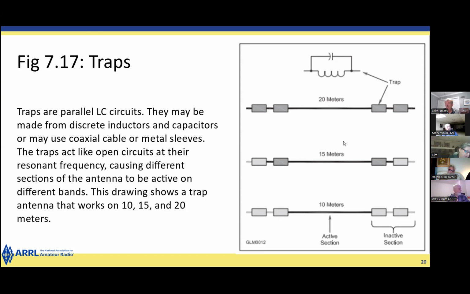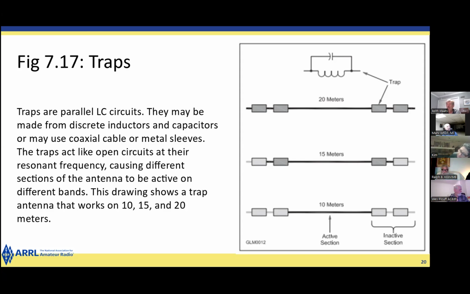But they're great if you've got a small lot, or if you don't have an easy way to get supports up. Maybe there are trees or whatever you want to use to support an antenna, but they're not in a convenient place. It's a perfectly reasonable, logical antenna to put up.